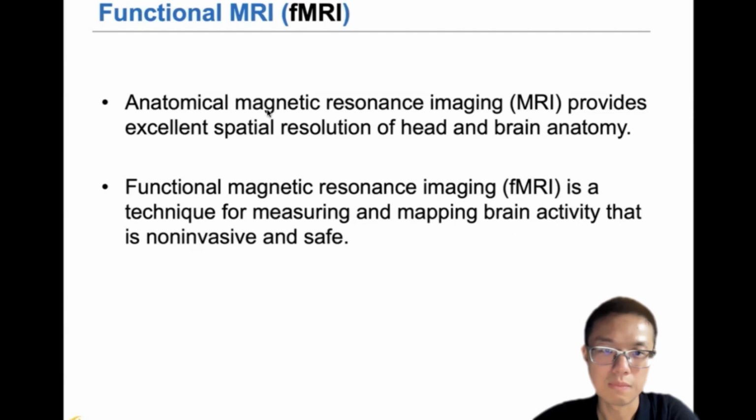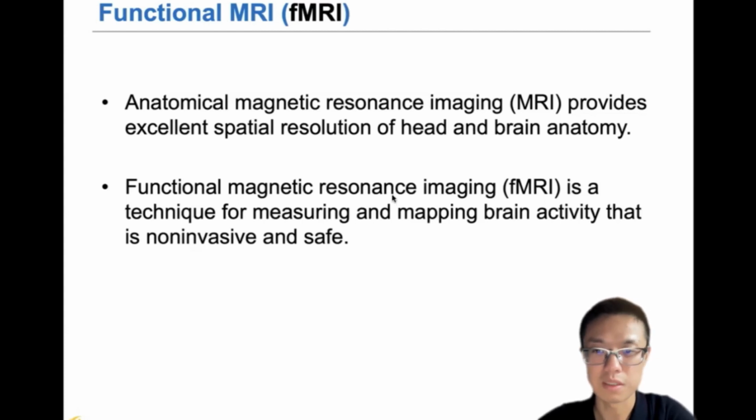There is also another subtype of MRI called functional MRI, fMRI. Anatomical MRI provides excellent spatial resolution for the head and the brain, or maybe other body parts. Basically, anatomical MRI provides the structure, the spatial information of the human body.